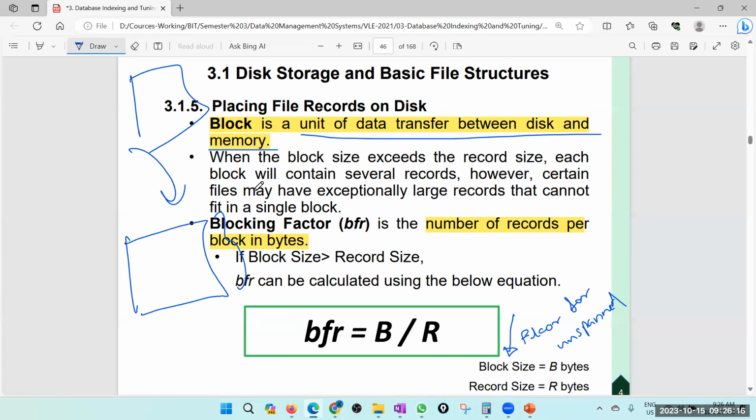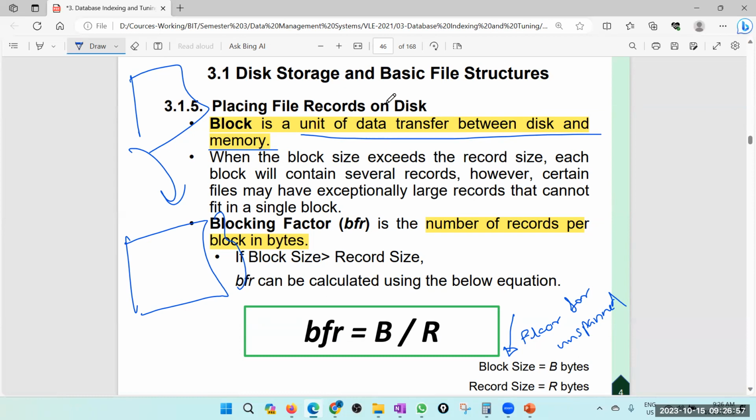Each block has a block address which your operating system has access to. When your database is looking for a particular record, with the help of the operating system, it has to find out the corresponding block, then load that block into memory, and from that block in memory, it can identify the record, for retrieve, insert, update, delete. Remember, even for insert, you have to find the next available block where you want to insert the record.